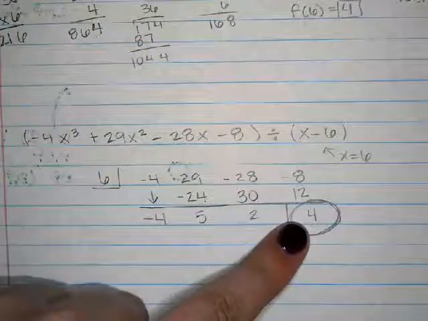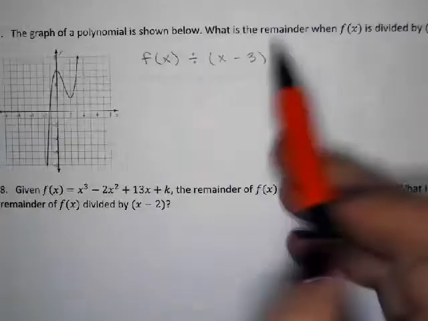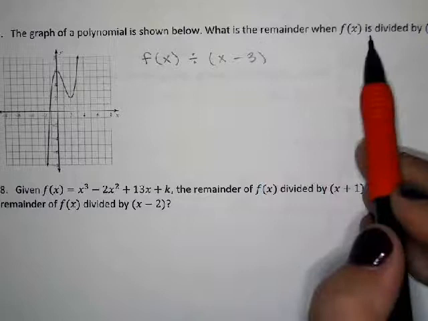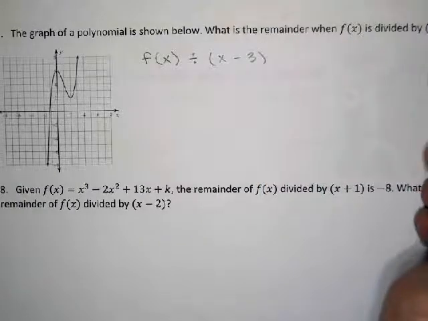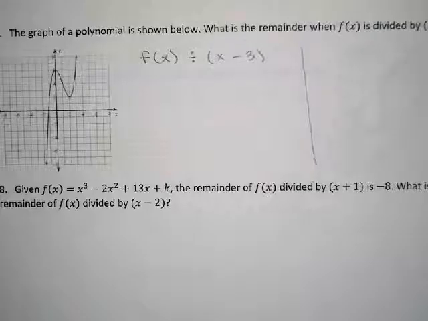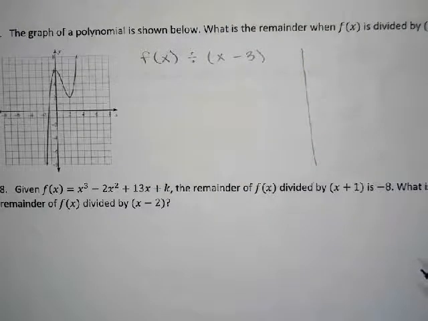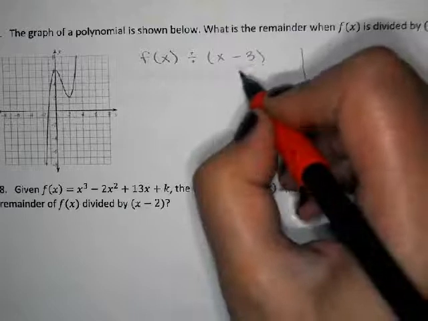So we're going to set this up the two different ways, and we're going to see which way helps us get to the final answer. If we're taking f of x and dividing by x minus 3, then what number would we be using for our synthetic division? X equals 3.